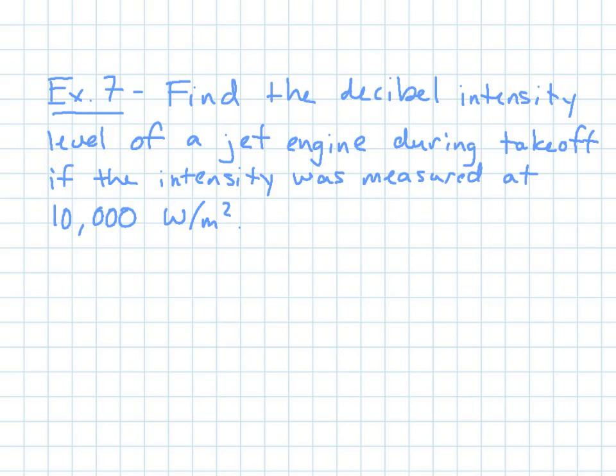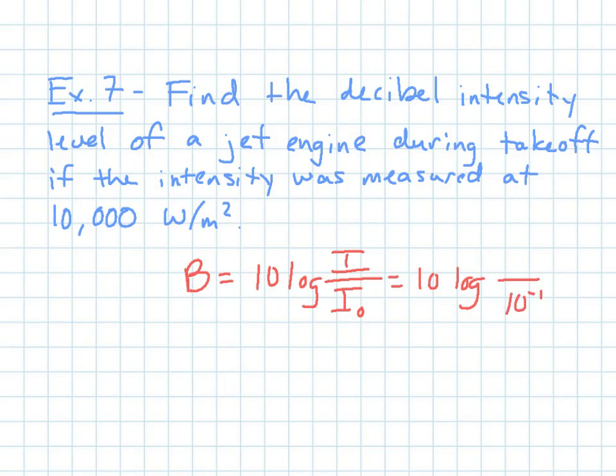Example 7 says find the decibel intensity level of a jet engine during takeoff if the intensity was measured at 10,000 watts per meter squared. So here, since we're talking about decibels, we'll use our B equals 10 times log of I over I sub 0. Now you know what I sub 0 is. It's 10 to the negative 12th.